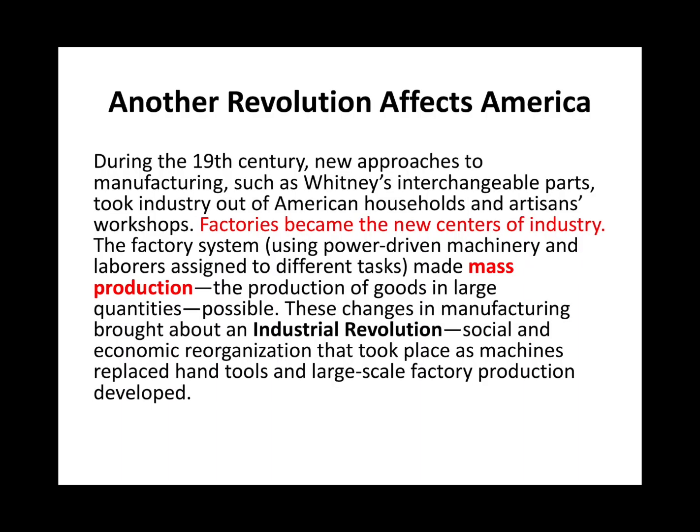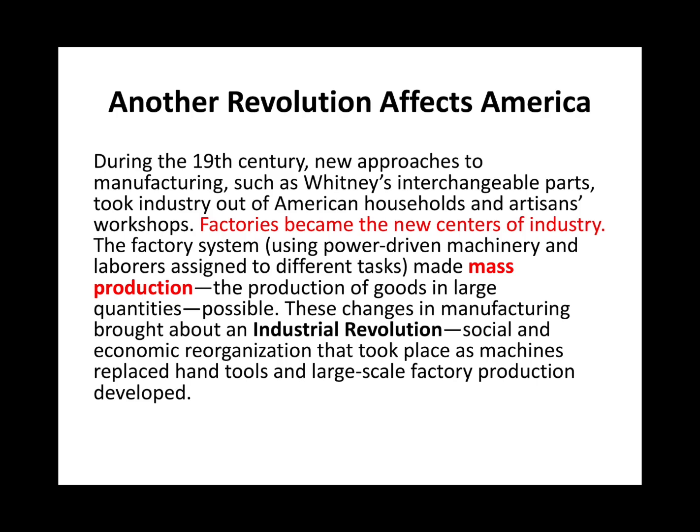All right, so during the 19th century, new approaches to manufacturing, such as Whitney's interchangeable parts, took industry out of American households and artisan workshops. Factories became the new centers of industry. The factory system, using power-driven machinery and laborers assigned to different tasks, made mass production, the production of goods in large quantities, possible.